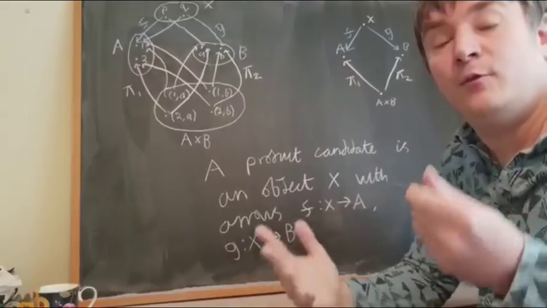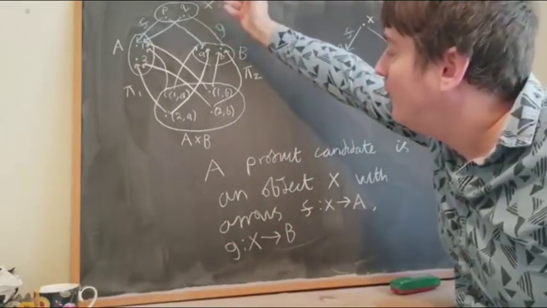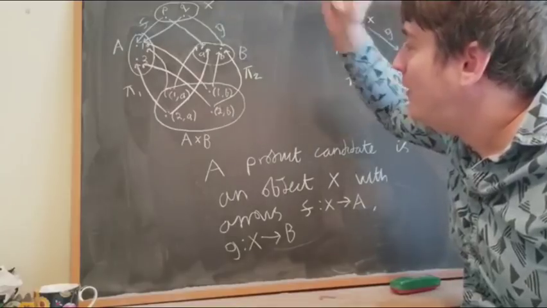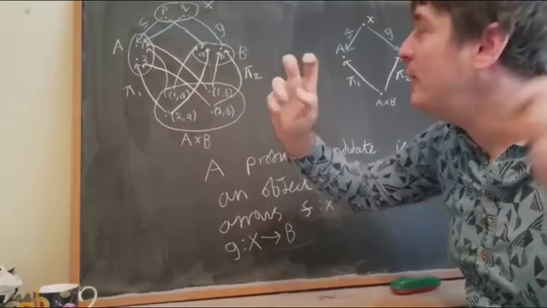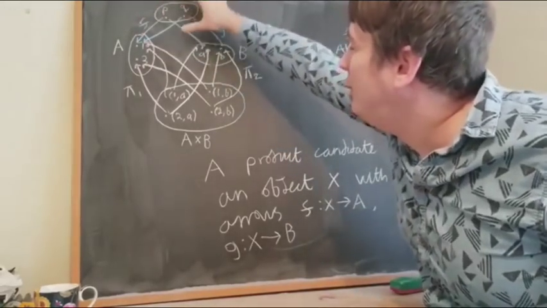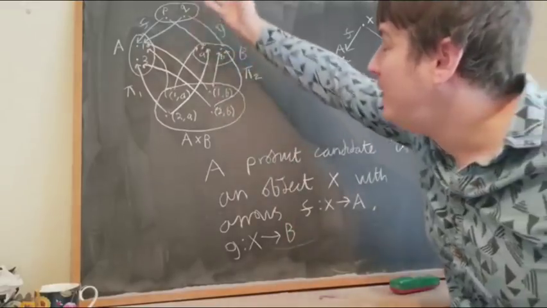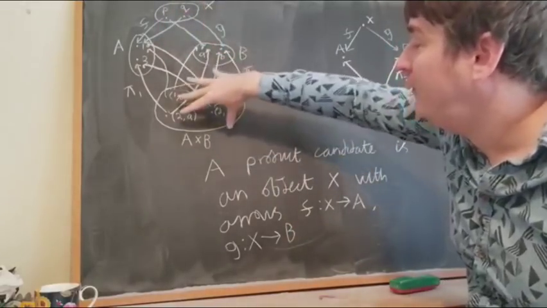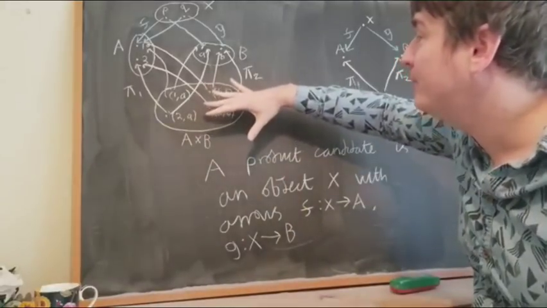Now, there's one more important thing that we know, and that is that whatever this candidate can do, I mean, what I'm saying it's doing, these functions here into A and B, the idea is that whatever it can do, this sort of perfect object can do better.